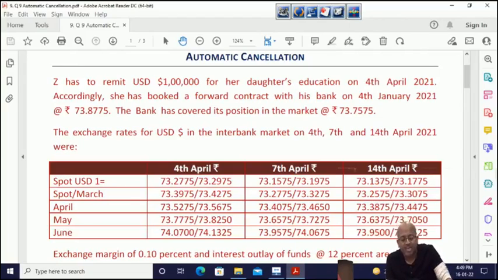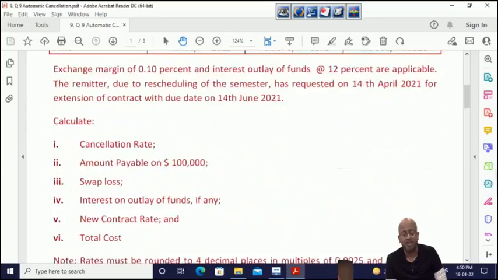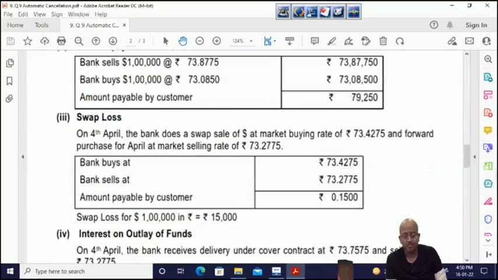So sell spot at 73.2775, buy at 73.4275. That means there's a swap loss. The swap loss is 73.4275 minus 73.2775, the whole into 1 lakh. Yes, it's 15,000. That's the swap loss.